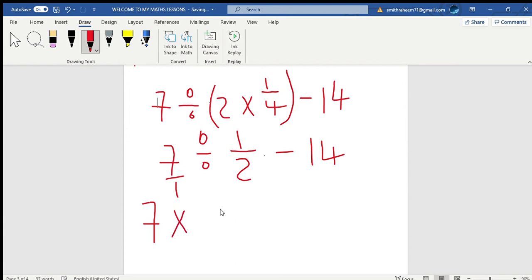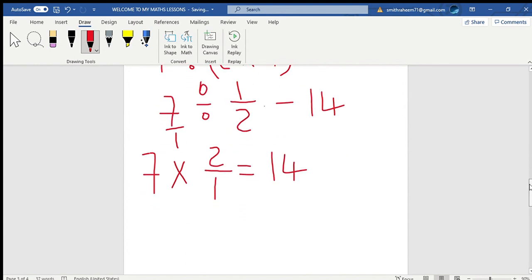So we're going to put the 2 at the top, and the 1 at the bottom, and then we're going to have 7 multiplied by 2, which is 14. Okay, so 7 divided by a half, your answer is 14.